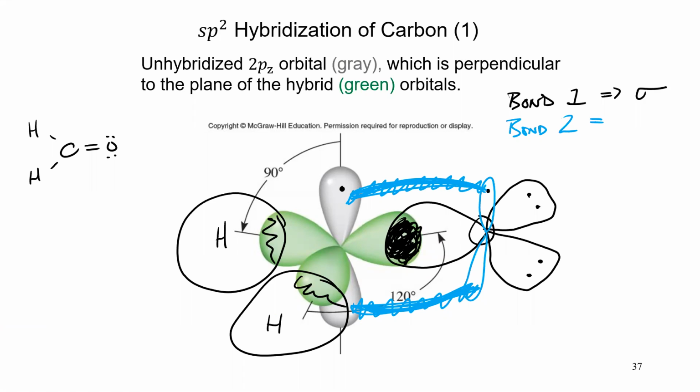And so that overlapping orbital gives us another bond. We call that a pi bond. Sigma for s orbitals overlapping, pi for p orbitals overlapping.